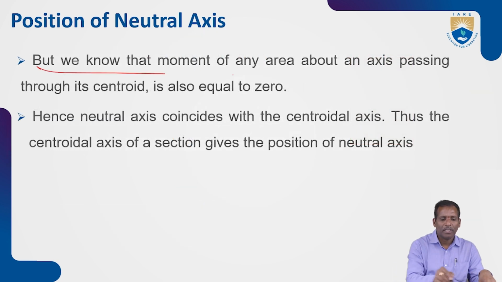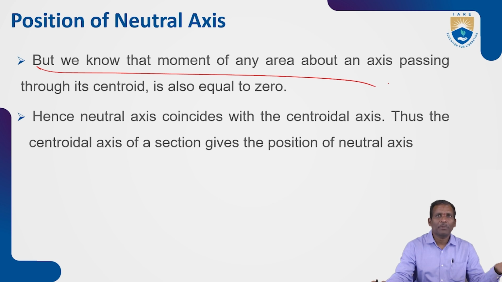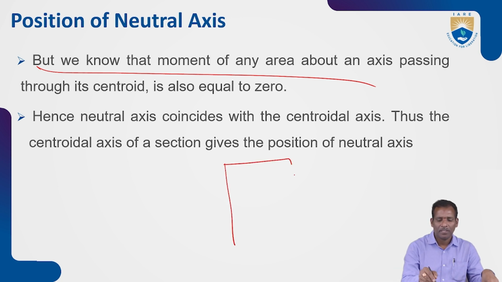But we know that the moment of any area about an axis passing through its centroid is equal to 0. The moment of area about an axis passing through the centroid. Suppose you take this cross section.